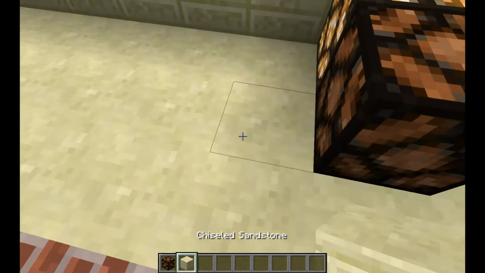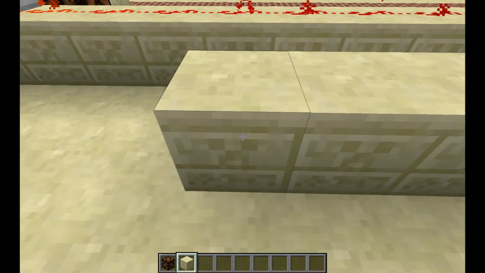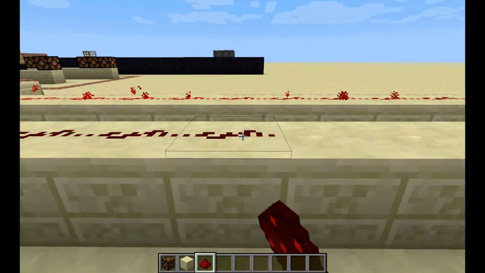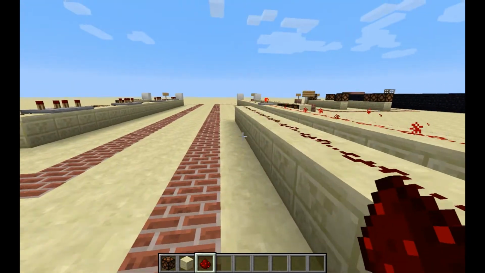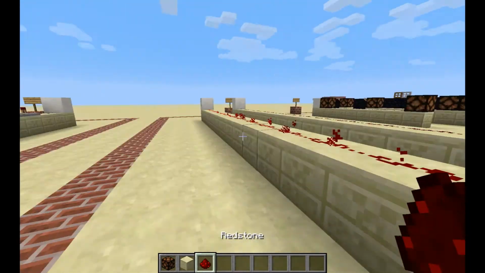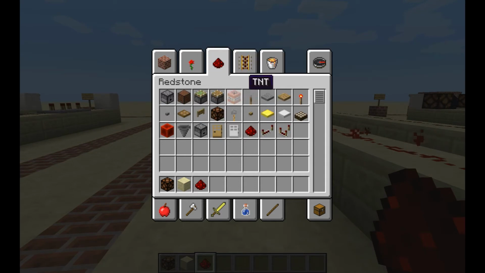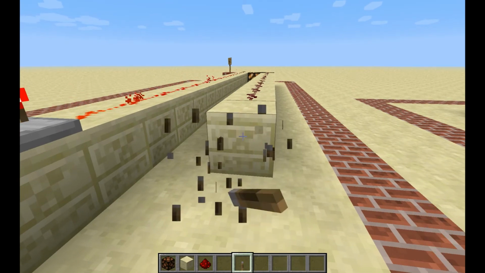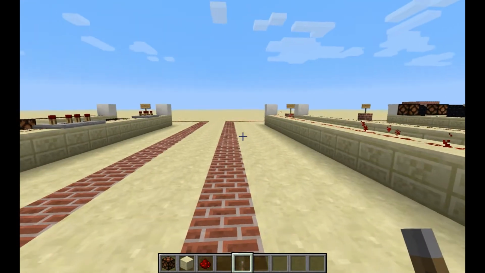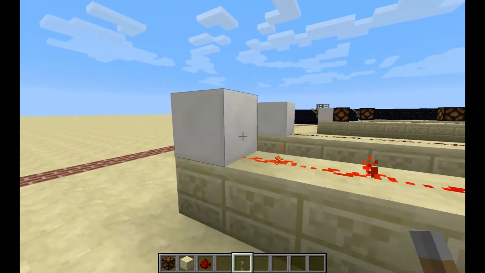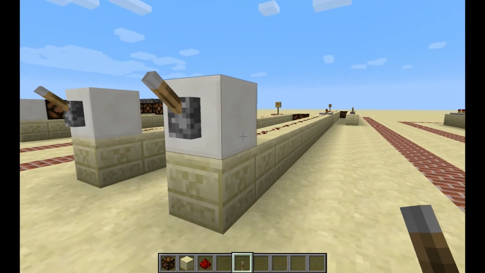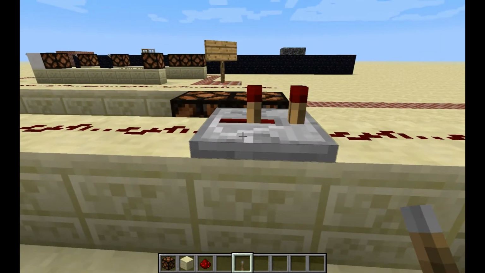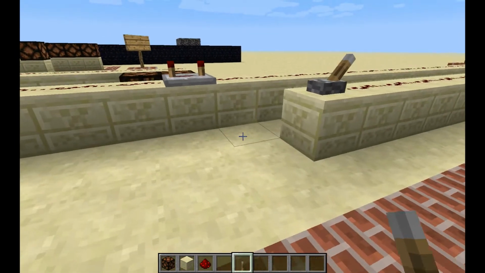So let's say we have this. There we go. And like so. And let's go ahead and grab us our lever. And then let's see if I can erase it down here. So let's say we've got 4 ticks there.